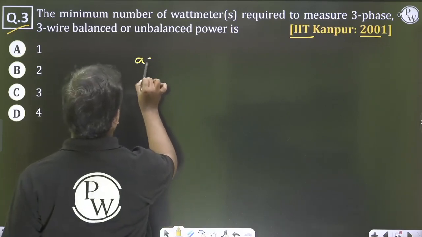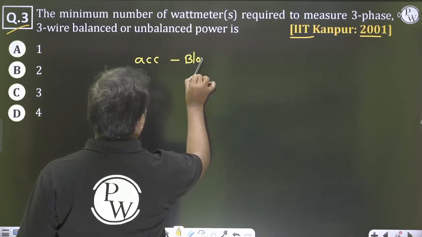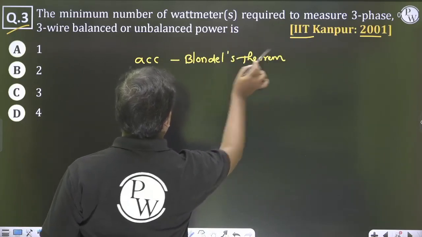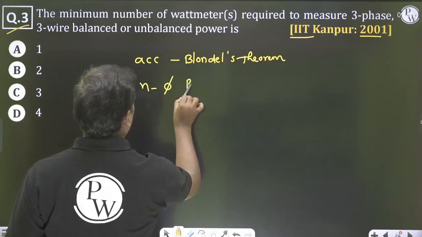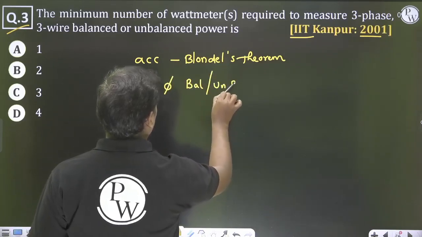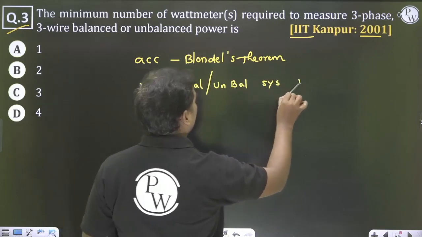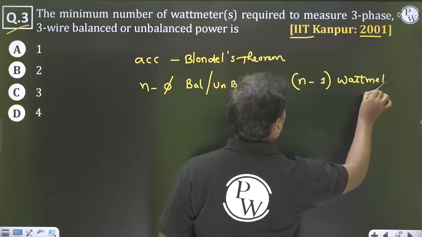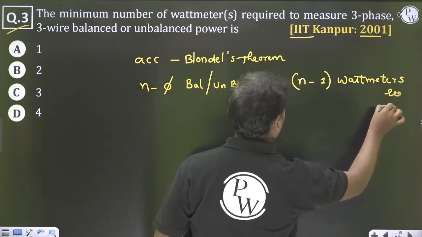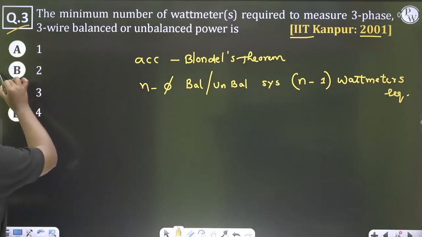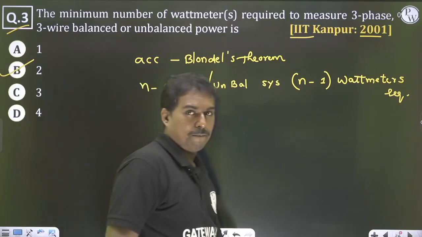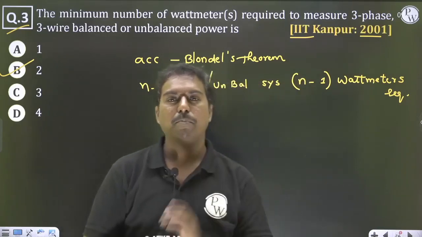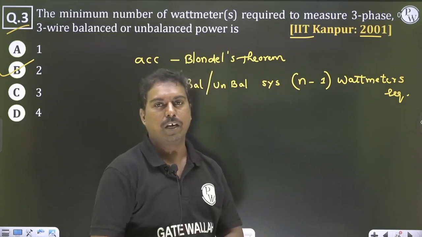According to Blondel's theorem, for an n-phase balanced or unbalanced system, n minus 1 wattmeters are required. So for 3 phases the minimum is 2, not 1. With 1 you cannot get the full reading, only one reading, W1. So the minimum number of wattmeters required is 2.